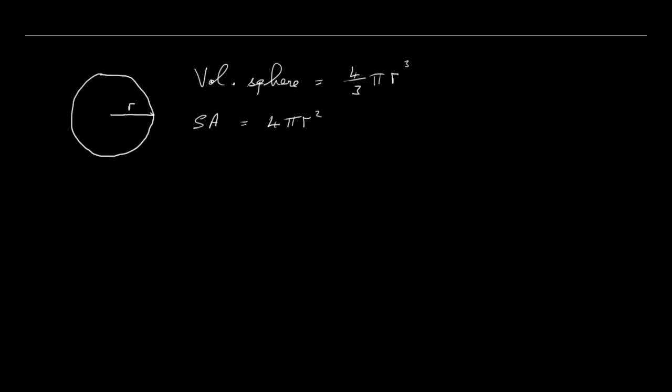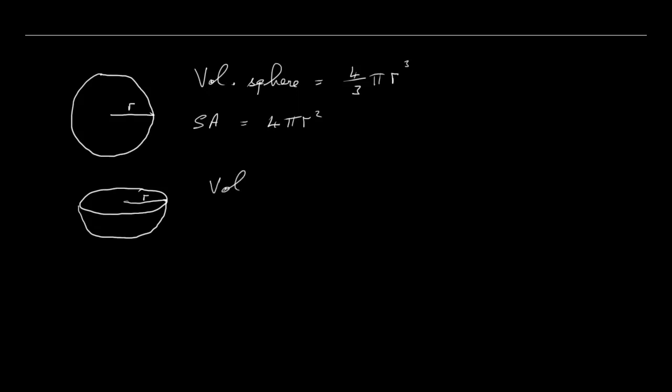Now what we can do is cut this in half. We can cut our sphere in half so that we end up with something like this. So this is half our sphere, and in this case we have a radius here, same radius as above, but now we have a flat surface on the top.